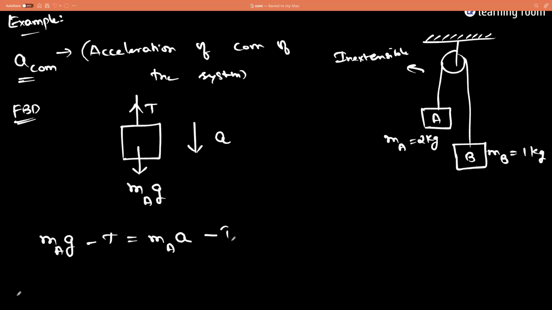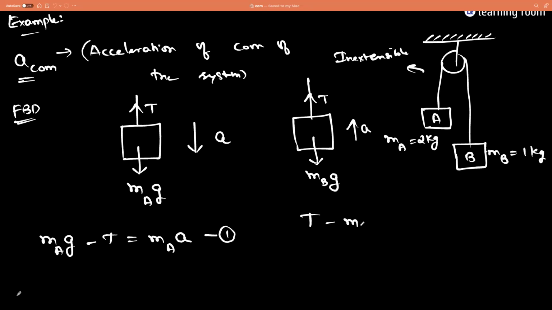Let this be equation number 1. Similarly, if I take B into consideration, it will be M_B g downwards, and here it is T, and this will be the acceleration. So T minus M_B g is equal to M_B a. Let this be the second equation.